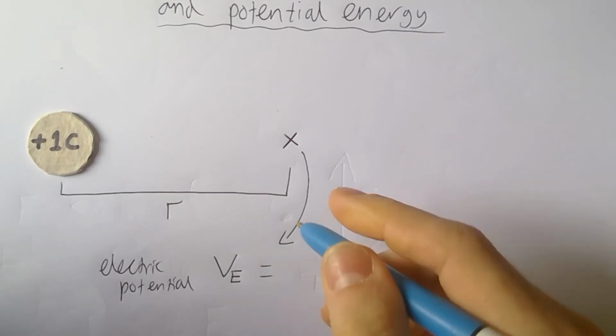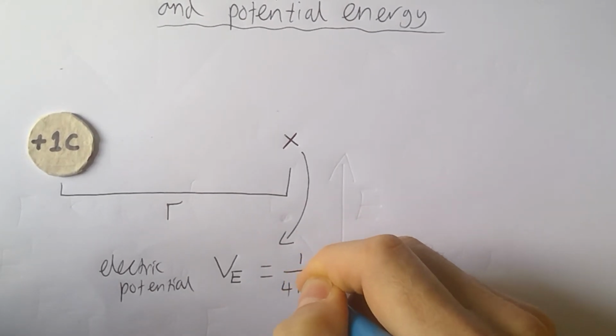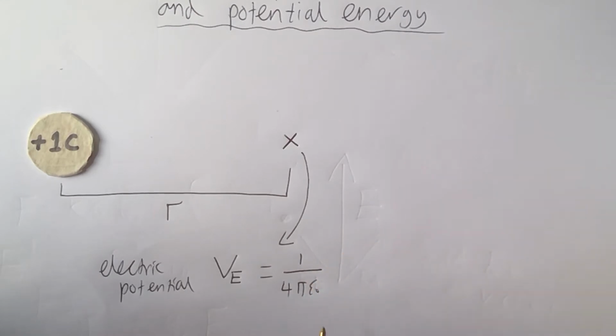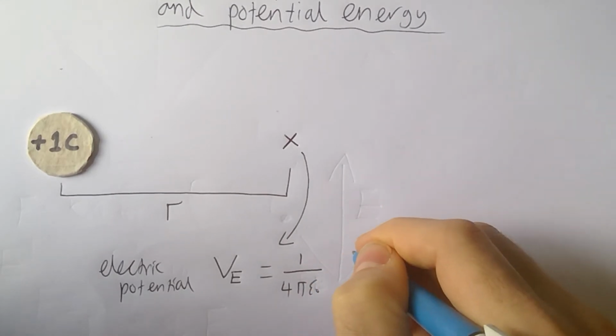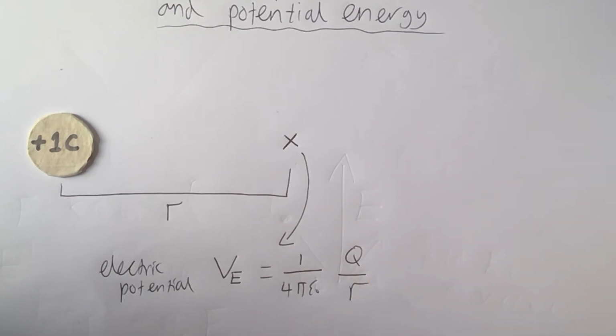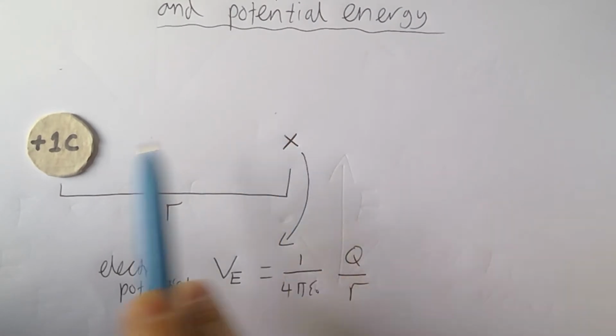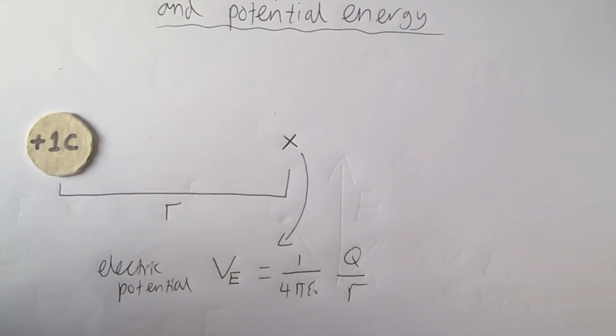The equation for this is the same constant, 1 over 4 pi epsilon naught, what I sometimes just call K, Q over R. So this would calculate the electric potential at this point in space due to this charge.